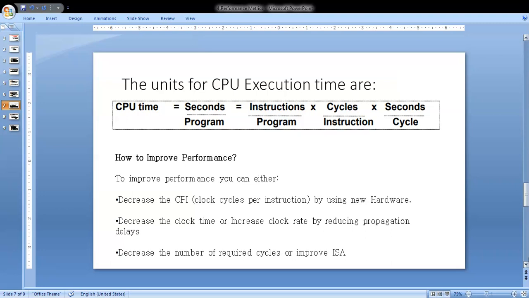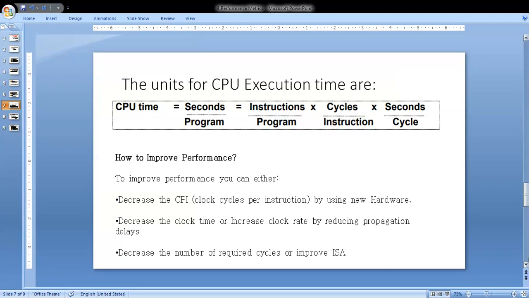For example, if we are using hardware which utilizes a minimum number of clock cycles for executing a particular instruction, then the performance will be increased, right? And also decrease the clock time by reducing the propagation delays. Likewise, we can also decrease the number of required cycles or improve the instruction set architecture, ISA.